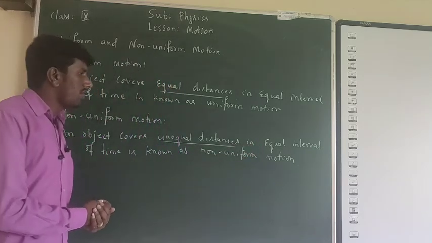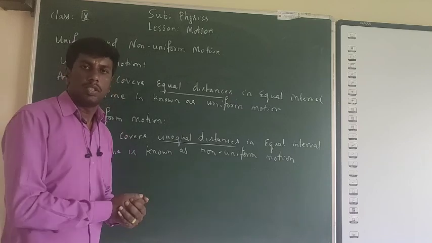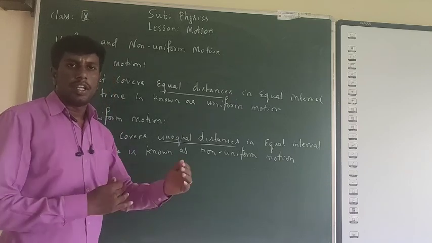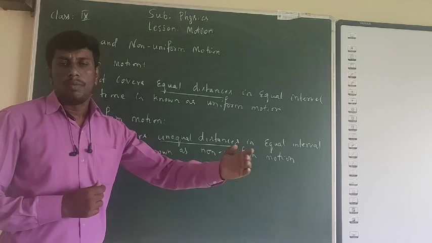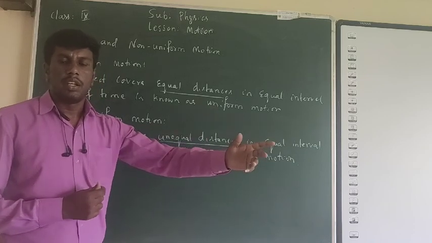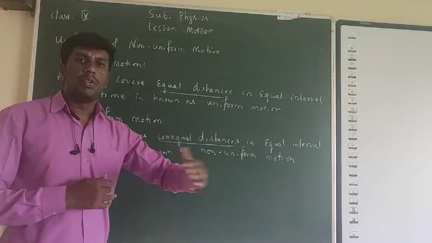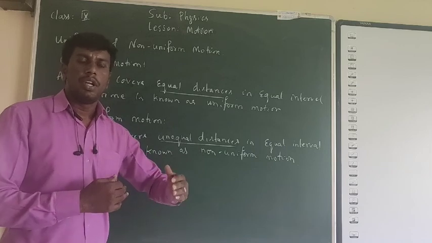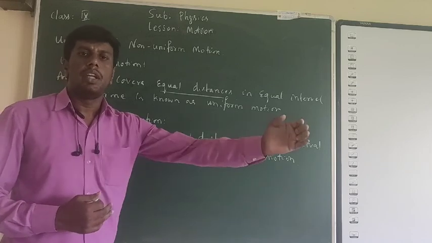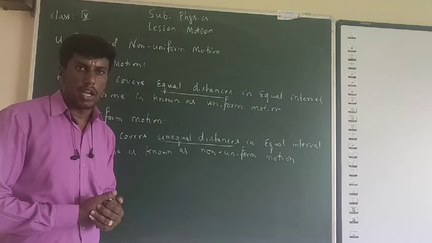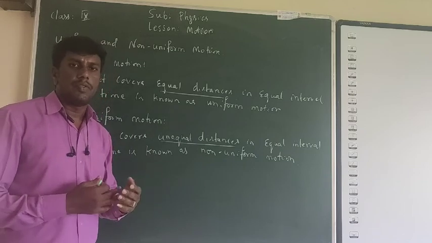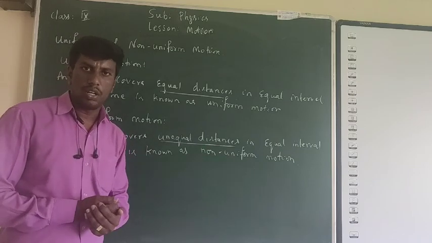Say suppose the vehicle is moving in a crowded area. For the first second it may move 5 meters, but in the next second it cannot go the same 5 meters as in uniform motion. It may be reduced or increased, for example if it has to cross more signals.